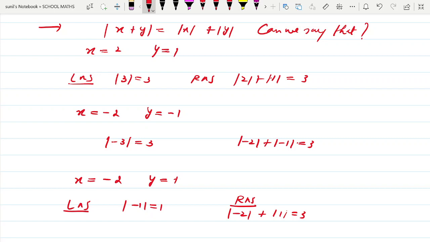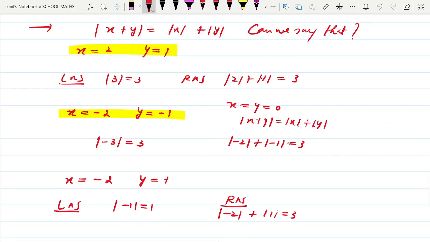So what we have seen here is, when x and y have the same sign, either both positive or both negative, equality holds. Now what about the case when x and y are 0? When x equals y equals 0, certainly mod of x plus y is equal to mod x plus mod y.